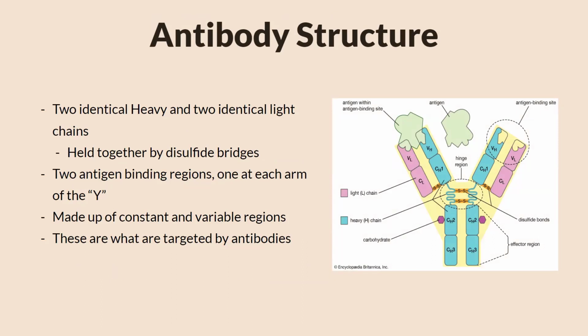All these proteins are held together by disulfide bridges, and that's because it's the only R group covalent bond formation. And it holds together the proteins because it's a very strong covalent bond.